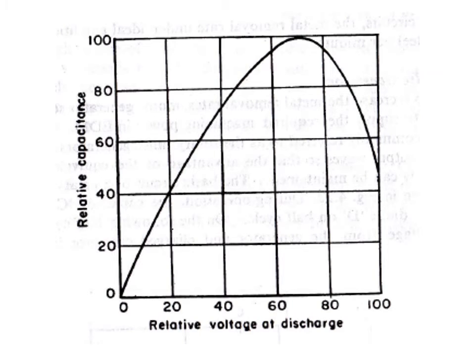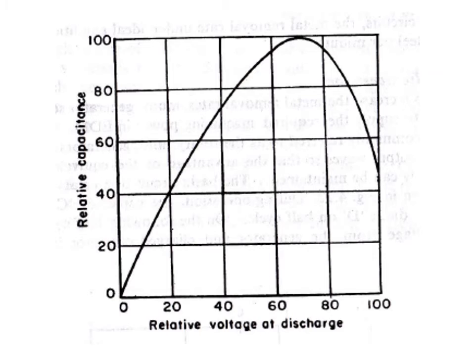Coming to the relative voltage at discharge compared to relative capacitance. It is less studied at the UG level, but still let me give a small introduction about this process characteristic.